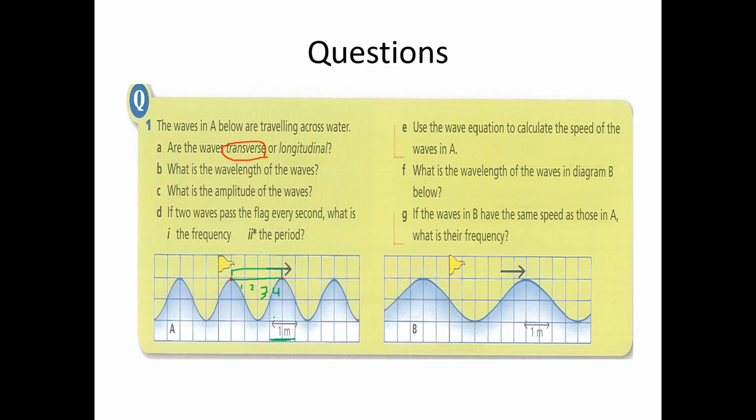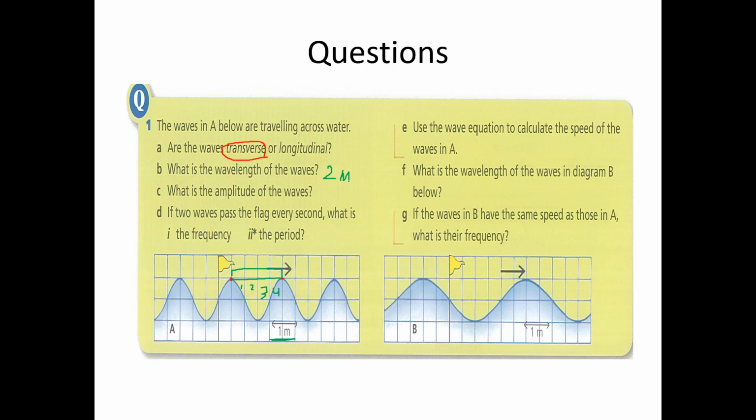So each square is 0.5, 0.5, 1, 1.5, and 2. So the answer for the wavelength is 2 meters.